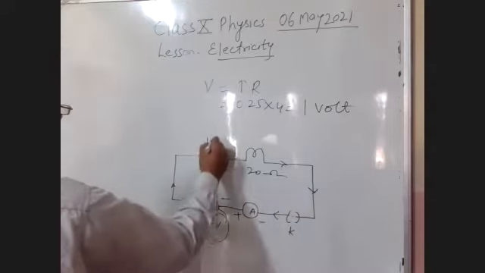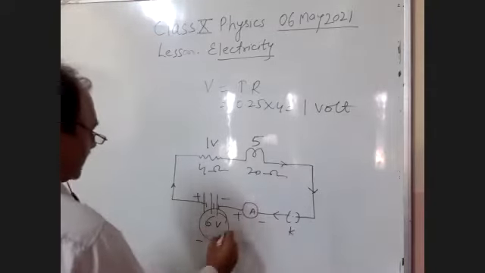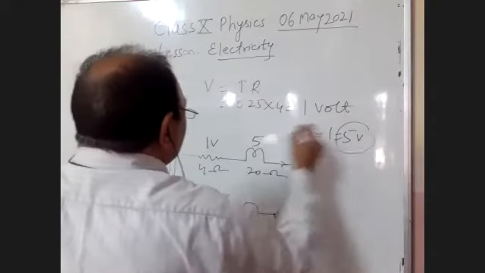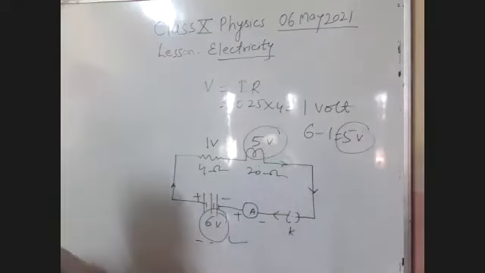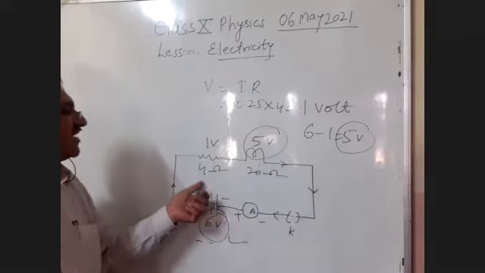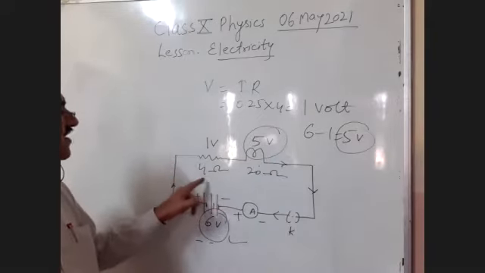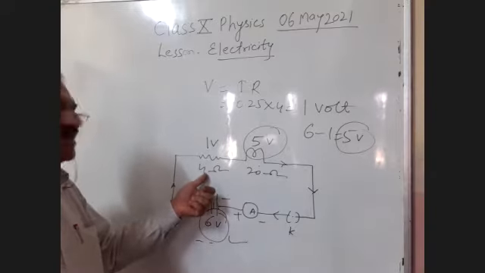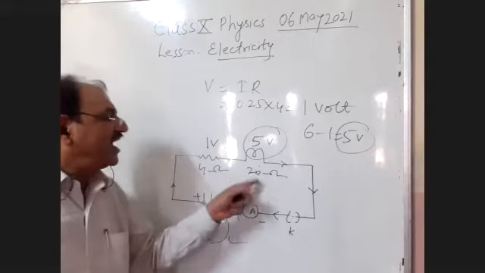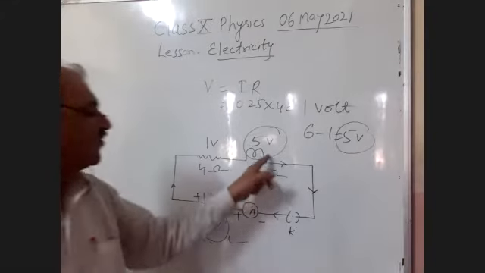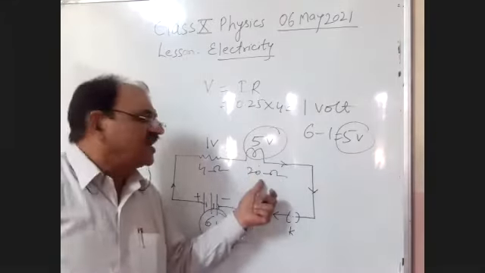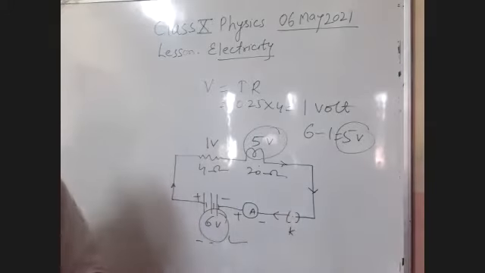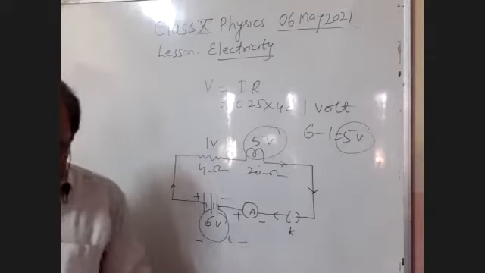So 1 volt will be here, and the remaining total is 6 volt. Now student, 6 minus 1 is equal to 5 volt. The 5 volt will be along with the 20 ohm resistance, and 1 volt will be along with this 4 ohm. So the 1 volt is the potential difference across the 4 ohm resistance and 5 volt is the potential difference across this 20 ohm resistance. This is your example given in your book.